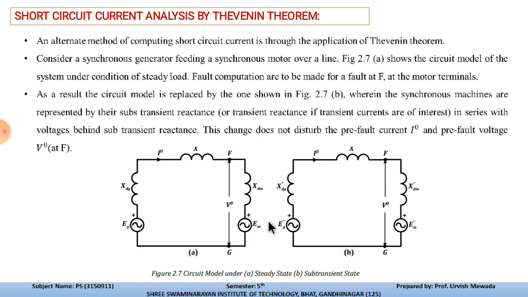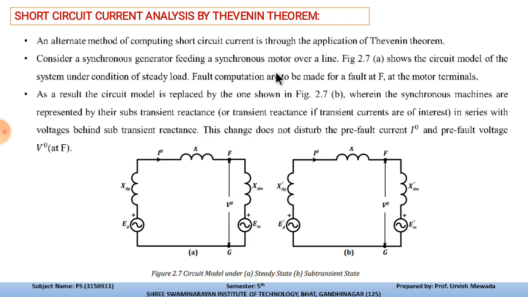Consider a synchronous generator feeding power to a synchronous motor. This is shown in figure 2.7a, which shows the circuit model of the system under the condition of steady state load, meaning the load is not varying.